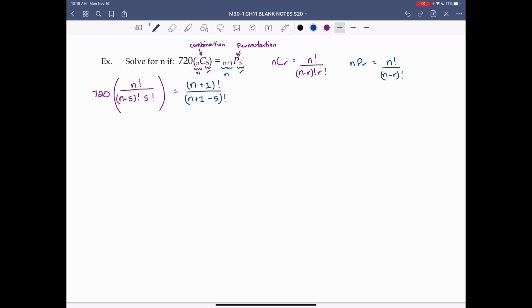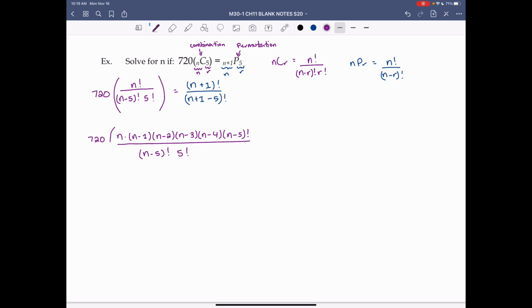Then I want to do what I did above, where I write some factorials as multiples of other numbers until I can get equivalent factorials on top and bottom, and then can divide them out. On the left side, 720, I can write n factorial as n times n minus 1 times n minus 2 times n minus 3 times n minus 4, and then times n minus 5 factorial, divided by n minus 5 factorial times 5 factorial.